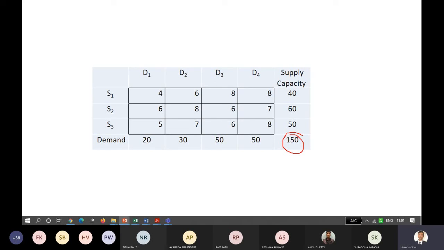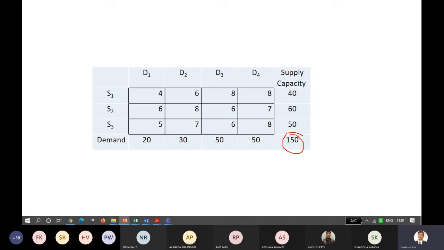In case the supply is less than the demand, then we will include a dummy row. And the total capacity of the dummy row would be equal to the gap between demand and supply, because here the demand is more.